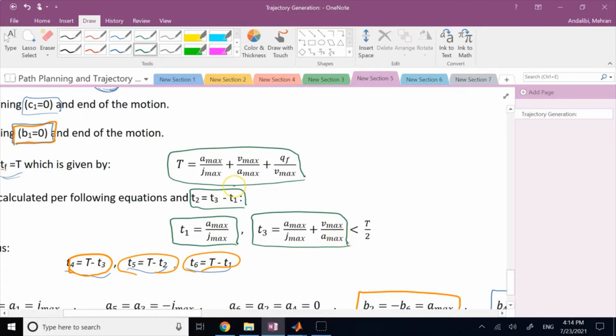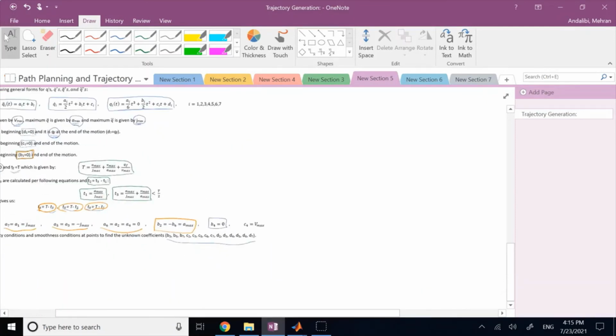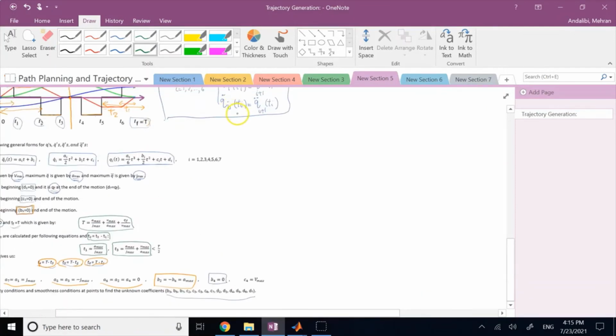As a matter of fact, you have 18 unknowns, 14 coefficients plus 4 time values, T1, T2, T3, and capital T. And now you have 18 conditions. From these 18 conditions, you should be able to find all of these guys.